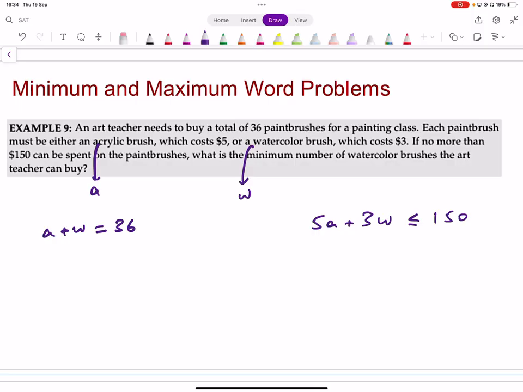Now, we are looking for the minimum number of watercolor brushes she can buy. So we are only interested in the watercolor brushes.